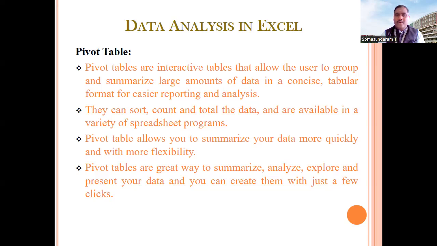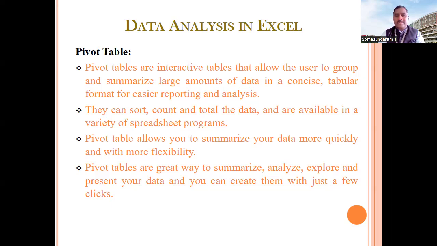Suppose I want to know the number of students in Bangalore and outside Bangalore, in other states, and then I want to know about the state level schools, CBSE schools, ICSE schools. We can filter and sort all this in a single table by using the pivot table.